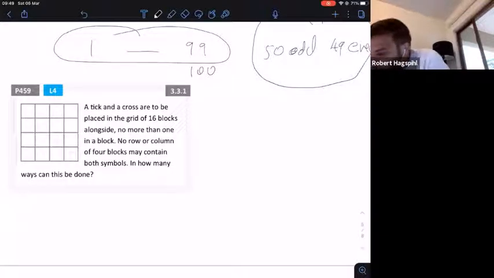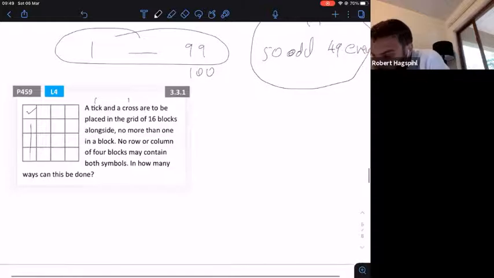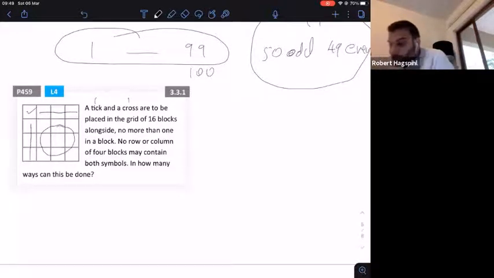So if I start and I put the tick there, I'm only placing one tick and one cross, right? So if I put the cross there, that's not going to work because now they're in the same row, right? That's not going to work. So all of those are out. I'm not allowed to use those, and I've got 9 options.